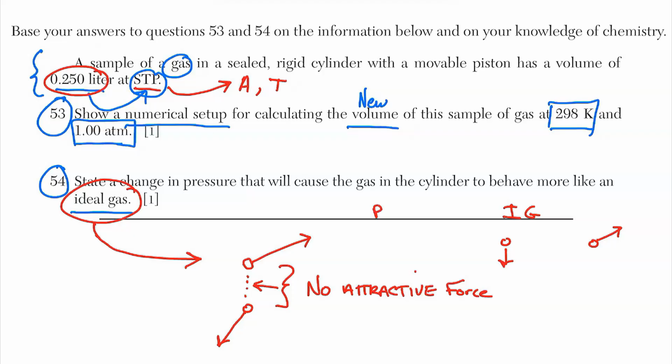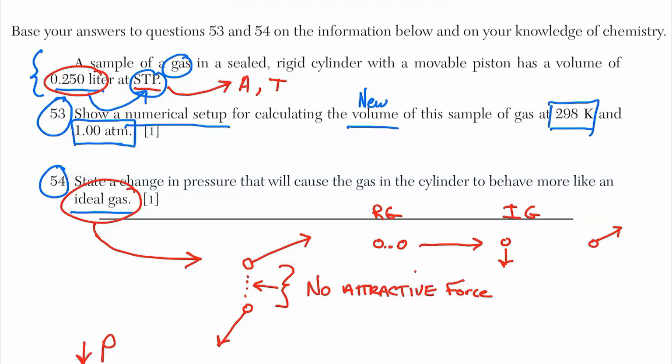A real gas, like a real student, is going to be closer to the other gas particles, not independent, because there's going to be some attractions in between. So how do I make a real gas be more like an ideal gas in terms of pressure? Well, I want them to separate. So I want to decrease the pressure on them so they can be farther away. So the answer is decrease the pressure.